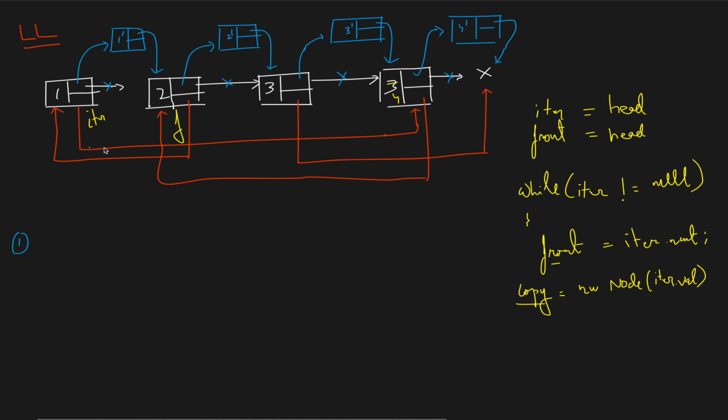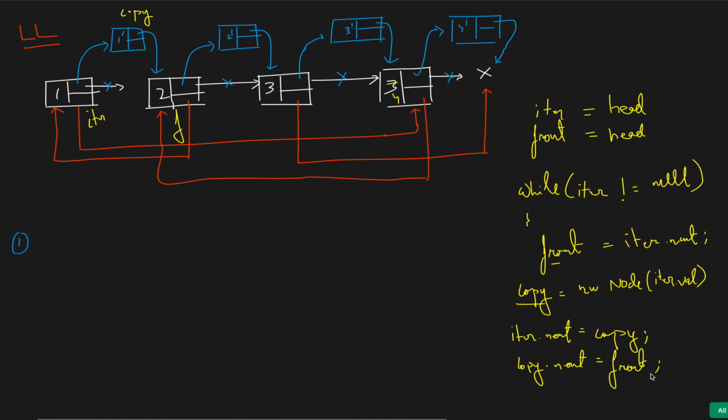Iter's next should point to this node, which can be called the copy node as of now. So iter's next now simply points to the copy node. After that, copy's next is going to point to front. So let's do that. Okay, we have done that.